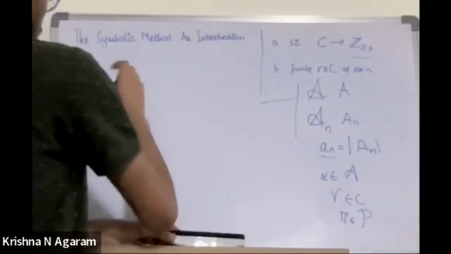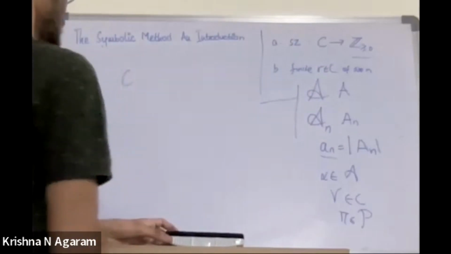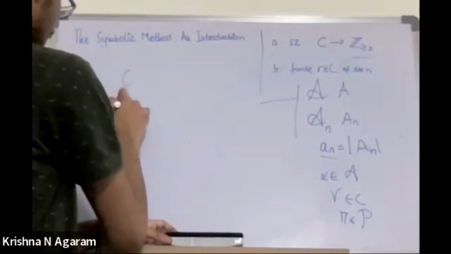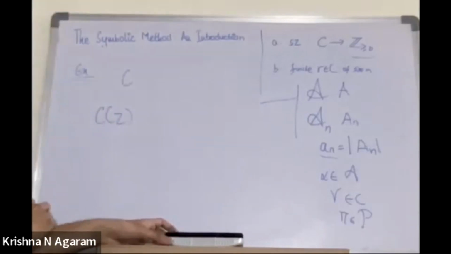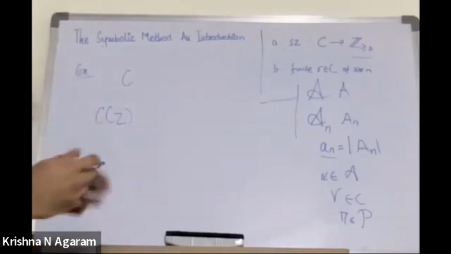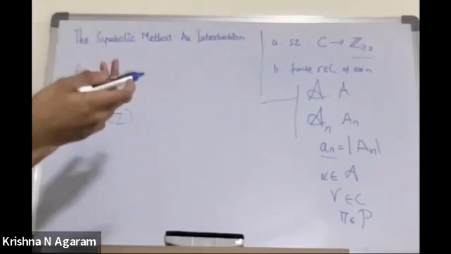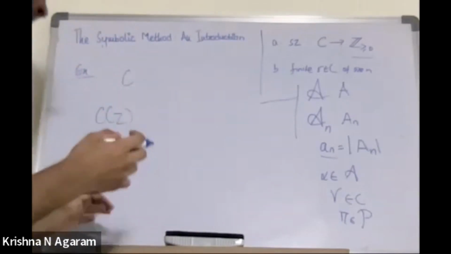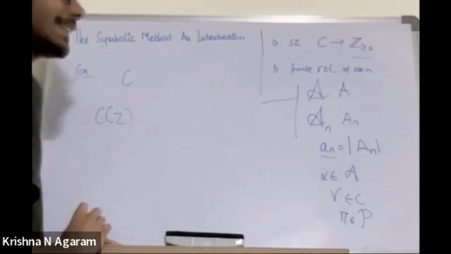Now given a class W, or given a class C, you associate a generating function with the same name. So it's also called C, but C of Z, to make sure that it's a generating function.